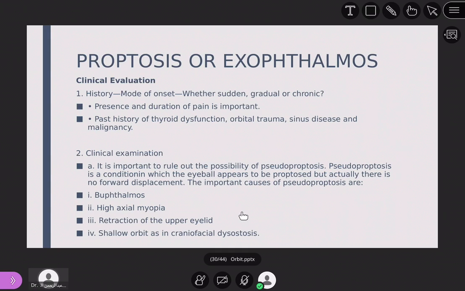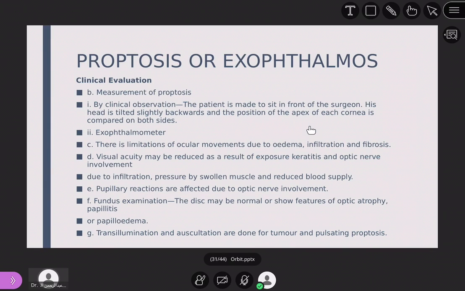Retraction of the eyelid: the eyelid will be retracted up. However, the globe is not anteriorly pushed. Only the lid is retracted up, and you will feel that the eye is pushed anteriorly. However, it's not. Shallow orbit: the orbit is small, and you will feel that the globe is proptotic.